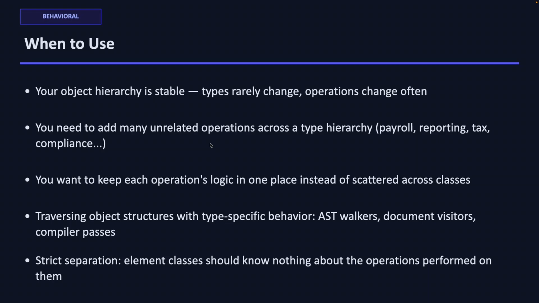This is more beneficial when we add more and more operations. If it's just a single operation, we can just go with a method implementation. So it's not that complicated, we don't want to go through all this. But when we have more and more operations, like 10 operations, this might look much better.